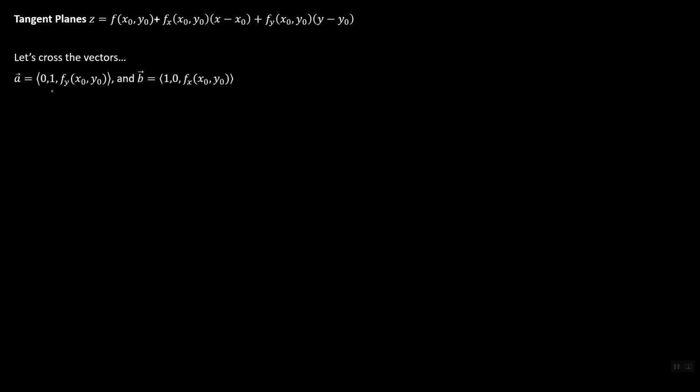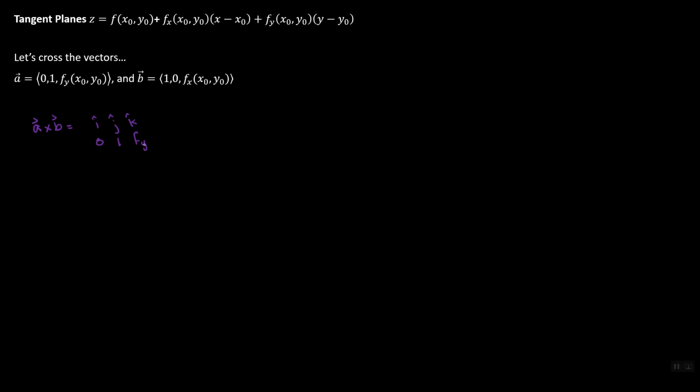I've copied the vectors over from the previous slide and I've named them. So we have A and B, and we're crossing them. So we'll do our i hat, j hat, k hat. We'll fill in the A vector for our second row. Instead of writing f with respect to y evaluated at x0, y0, for this calculation, I'm going to simplify the notation and just write the partial with respect to y.